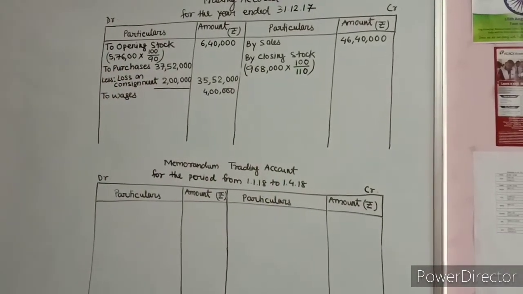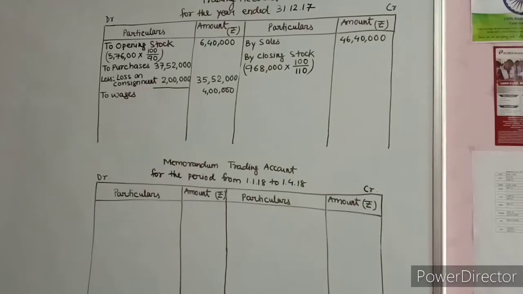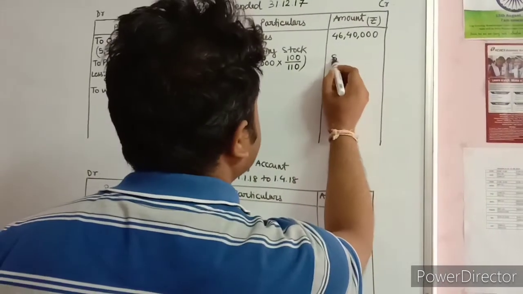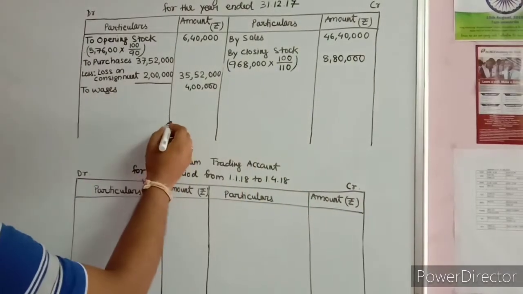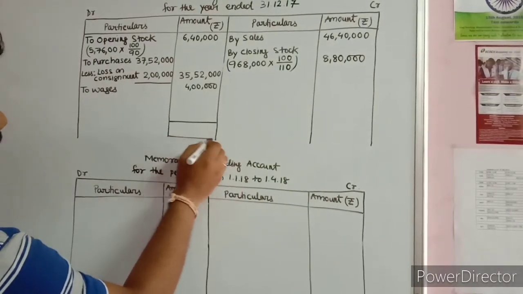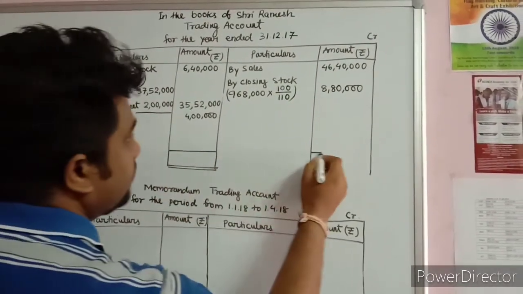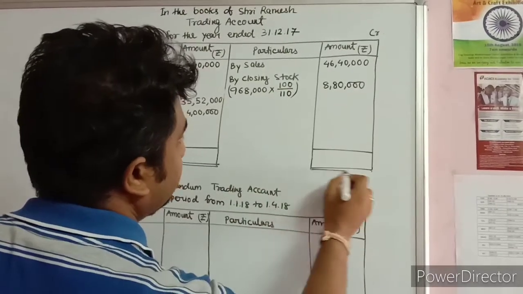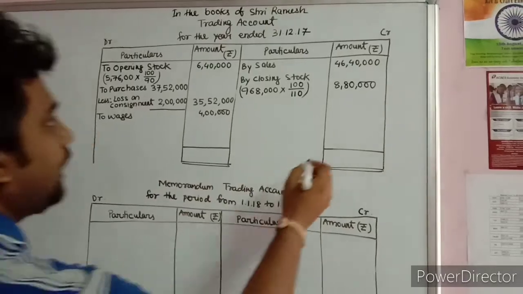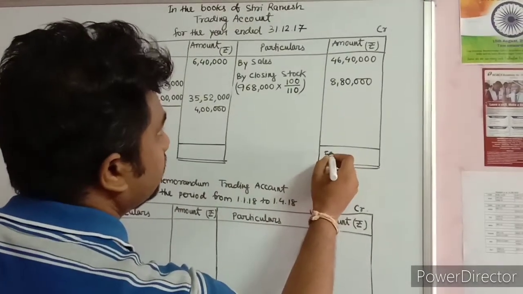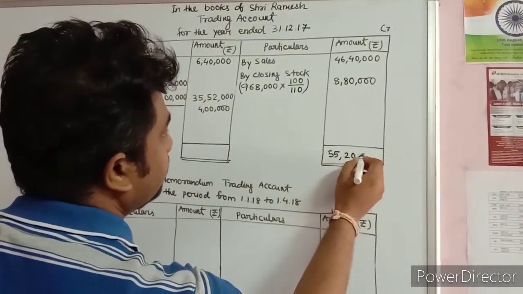9,68,000 into 100 divided by 110. It comes up to be 8,80,000. So this is the information that we have from the previous year. Now we add both the sides, so we get 55 lakh 20,000.